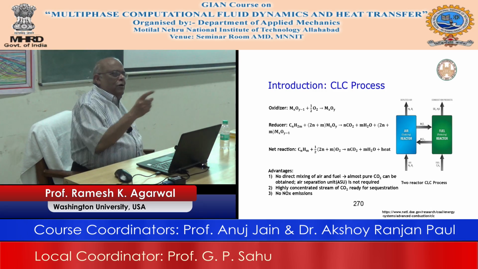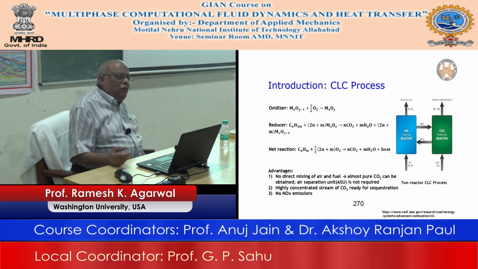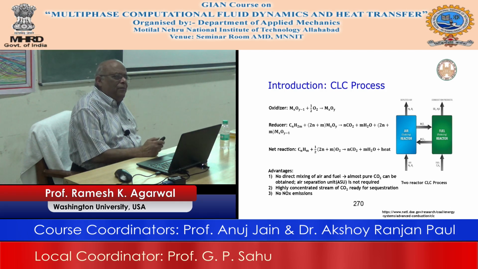You keep on going round and round, so that you don't have to keep on replacing the oxygen. That is the whole idea, which is called chemical looping. And there are variations of it that we are not going to focus on.